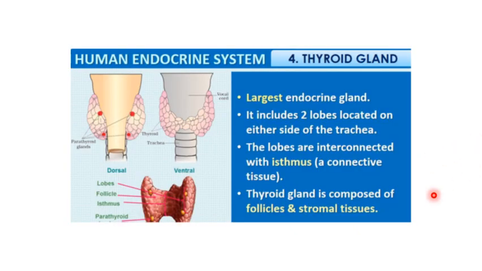The largest endocrine gland of the body is the thyroid gland. It includes two lobes located on either side of the trachea. The lobes are interconnected with the isthmus, which is a connective tissue. This thyroid gland is composed of follicles and stromal tissues.